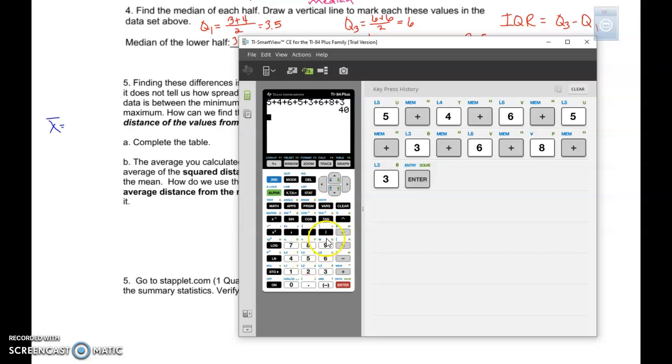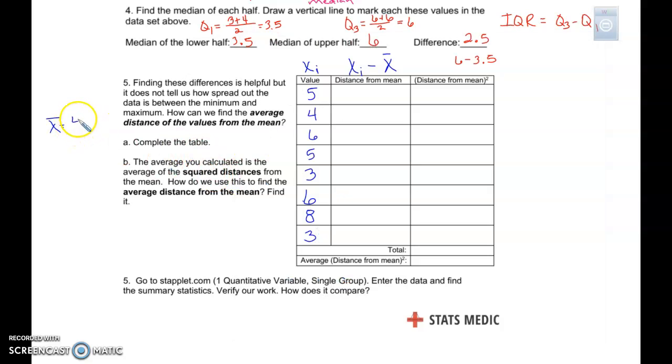So divide by 8, and that should be your mean. Oh, I did that backwards. It would be 40 divided by 8 equals 5. So your mean is 5.